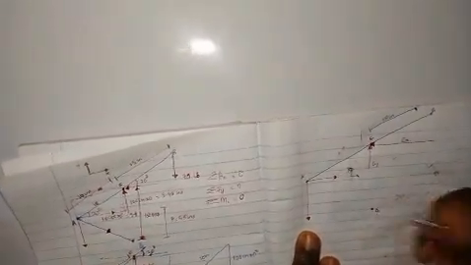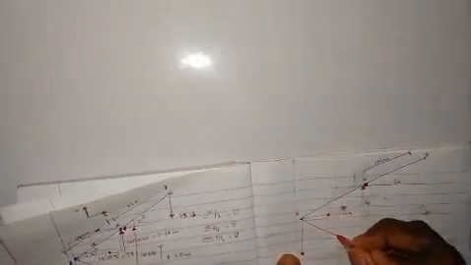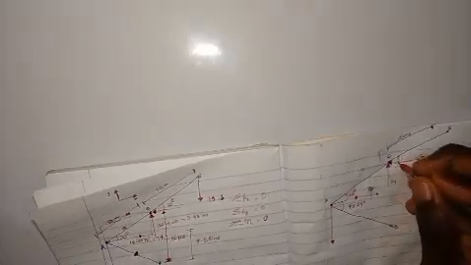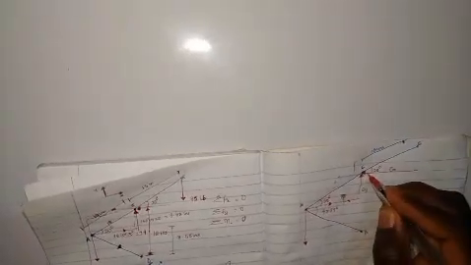So I'm bringing out everything. From here to here is D. From here to here is 42.39 degrees. Then here is 20 degrees, and here is also 20 degrees. From here to here is 3.42.